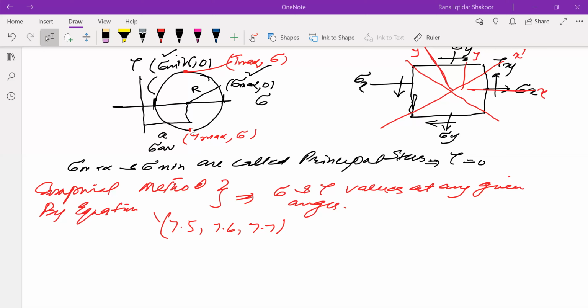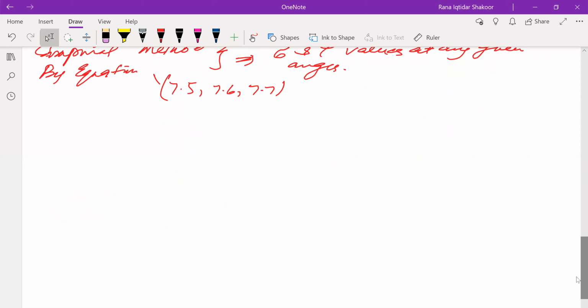This is the graphical method, or the Mohr's circle method, by which we can calculate similar types of values like the principal normal stresses or tau max values or values at any other angle accordingly, right? So the circle could be in any format, right? For example, there may be many shapes of the circle.